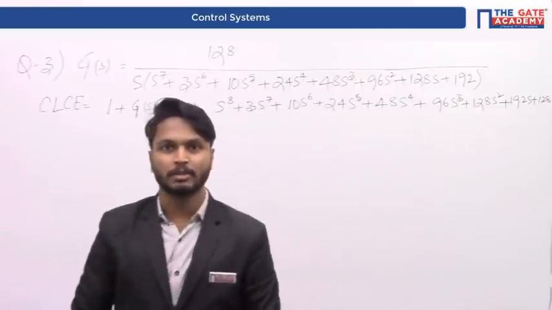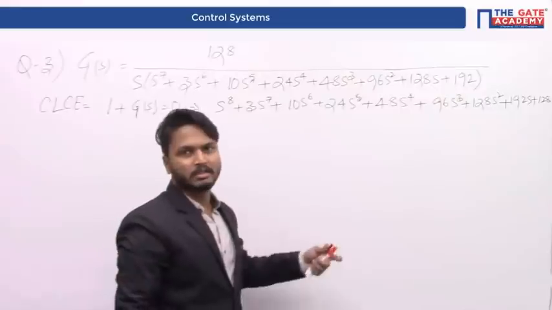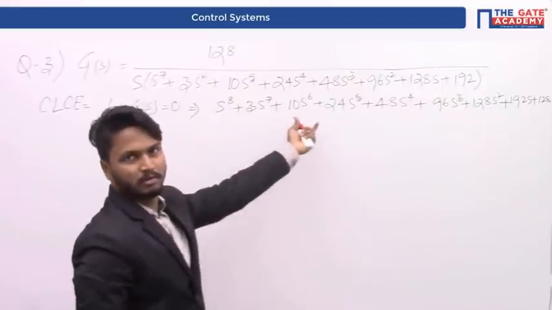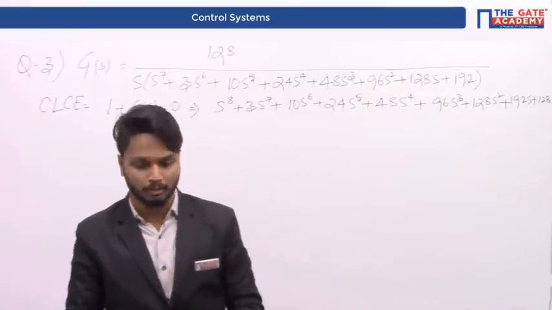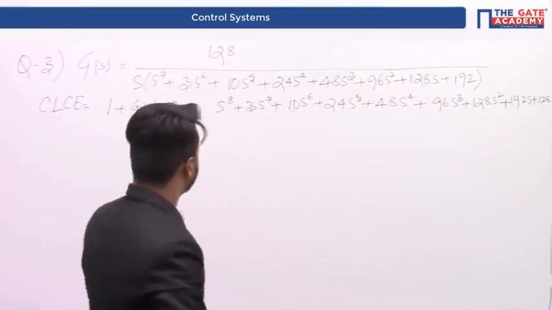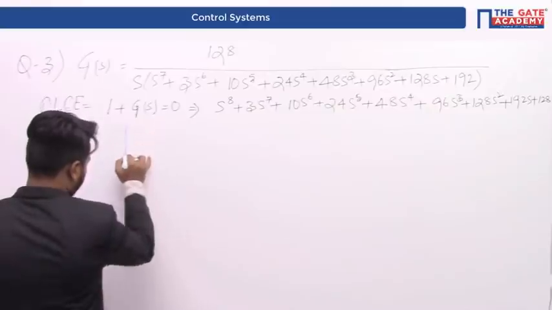Therefore, it is quite simple to construct the route array using whatever how big the characteristic equation is, that doesn't matter. So let's look into the route array construction process.